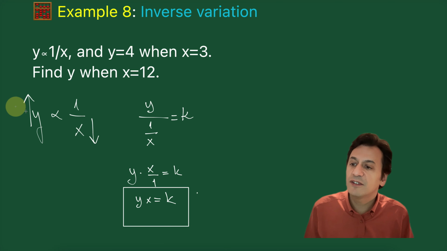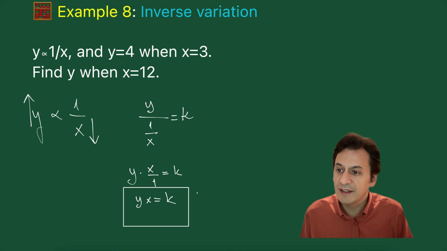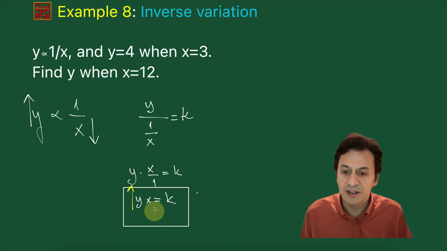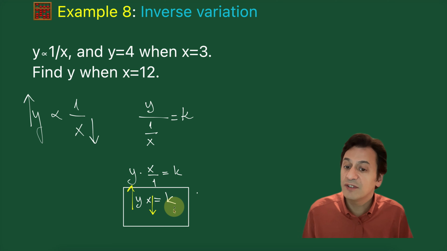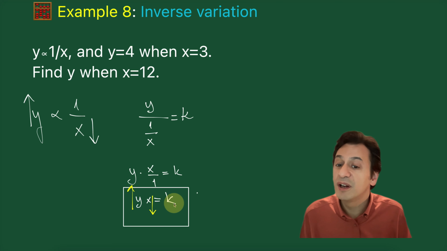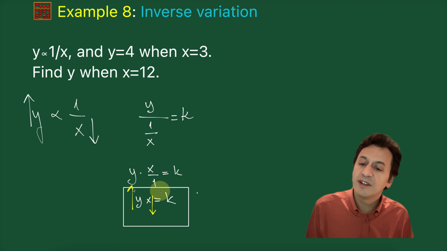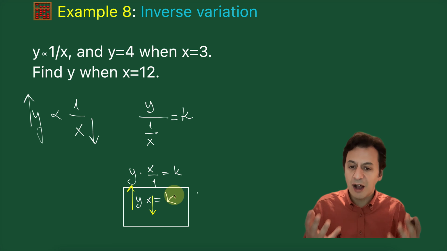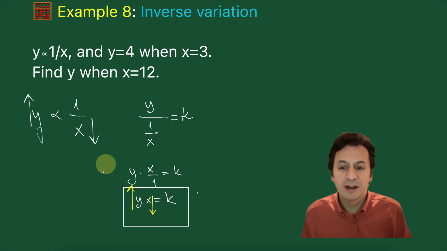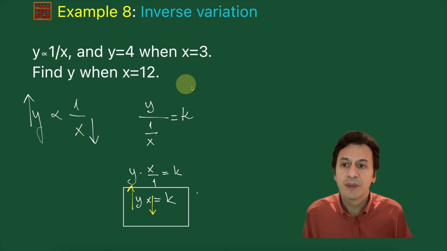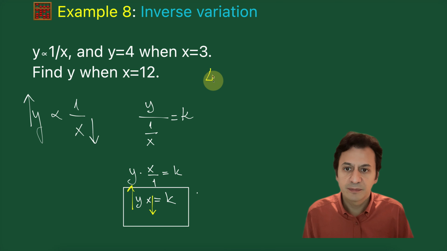With this picture, it's clearer to see that when y increases, x has to decrease in order to keep this number constant. So this is how inverse proportion looks. Now let's put in these values. When y is 4, then x is 3.